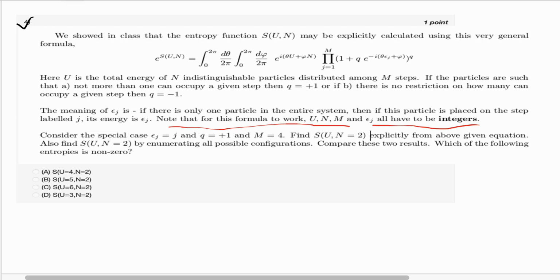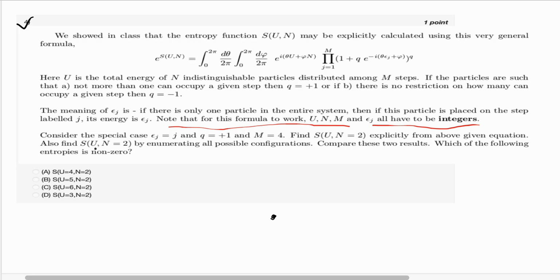The question asks: consider epsilon j equal to j. That means if I put one particle in the jth state, its energy will be j, and q is equal to plus 1, and M is equal to 4. Find S(U, N) for N equal to 2 explicitly from the above given equation.